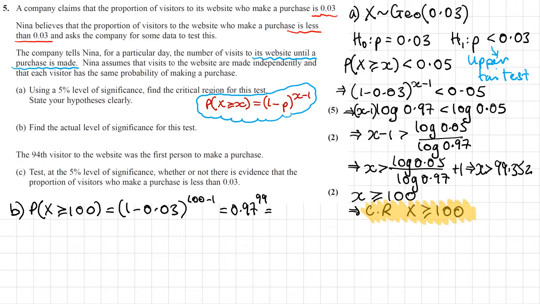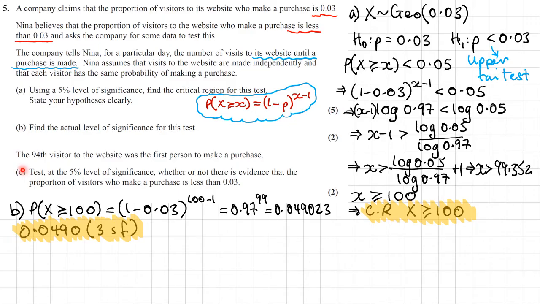And we get 0.049023. So three significant figures, 0.0490. So that's the actual significance level, not far off actually from the 5% significance level that we were testing at.